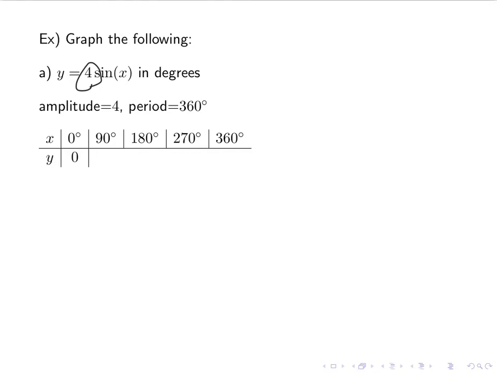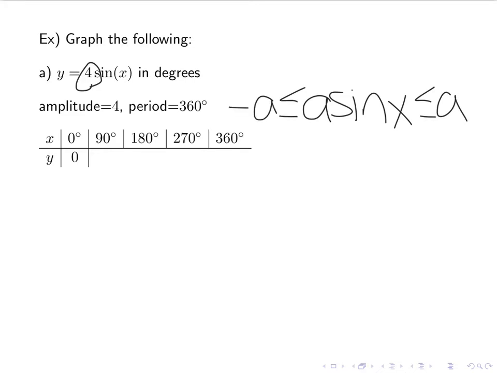Because remember, a sine of x is bounded between negative a and a. So the minimum is, again, an absolute value. So I should really have absolute value signs there. So the minimum is -4. The 0 is 0. The maximum is +4.